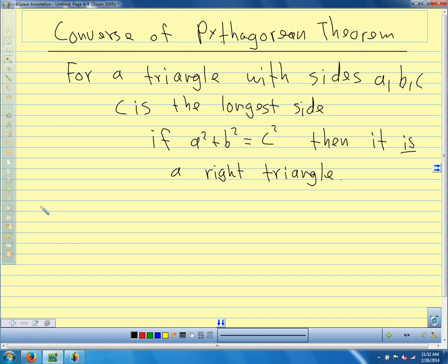So if we have a triangle with sides 12.5, 30, and 32.5, our question is, is it a right triangle?